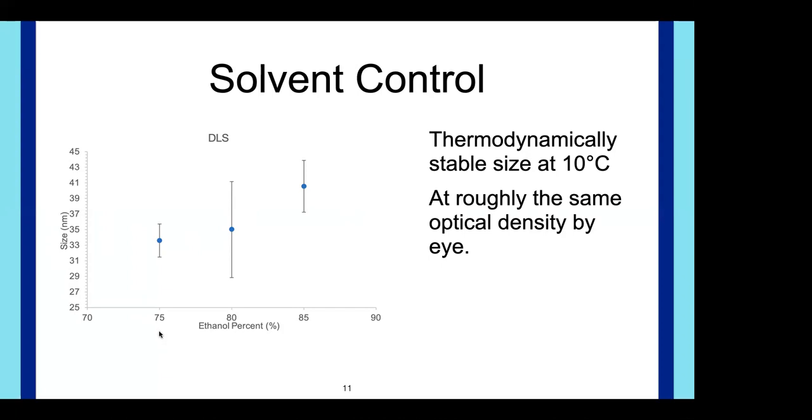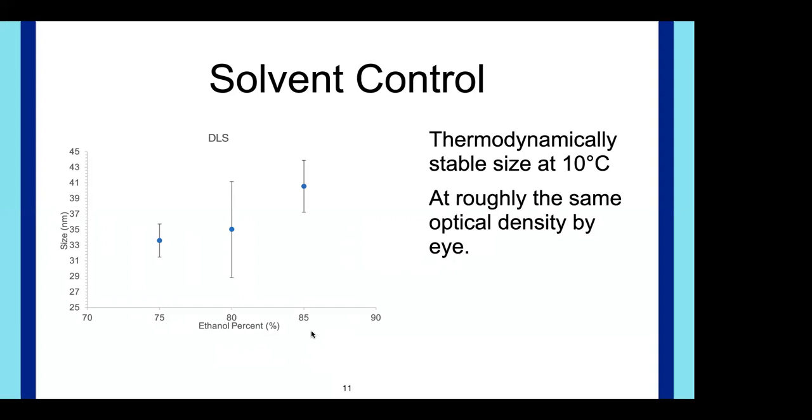At lower anti-solvent percentages, so 75% ethanol, we see smaller supercluster sizes after waiting at 10 degrees Celsius, just to find what the thermodynamically stable size of the supercluster would be at that temperature. At higher ethanol percentage, higher anti-solvent percentage, we see larger superclusters formed because the solubility is lessened of the gold-25 monomer units.